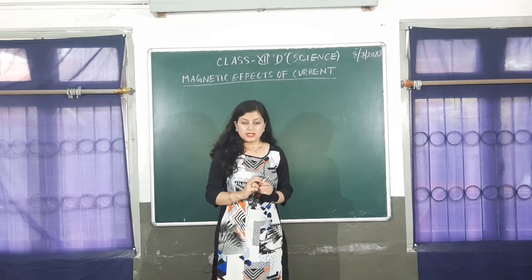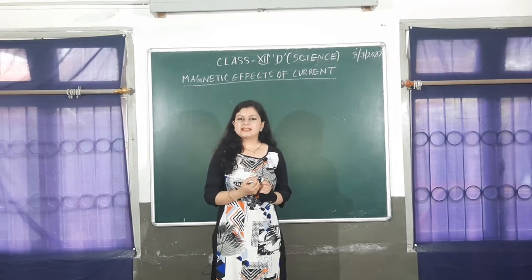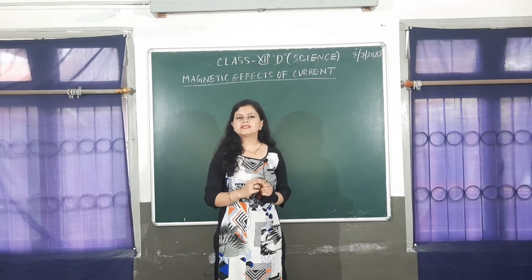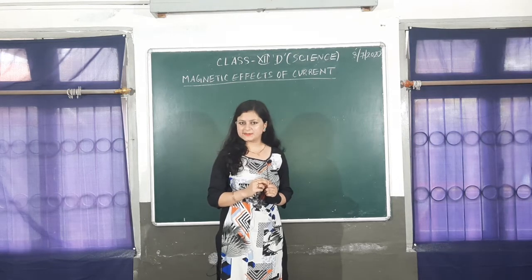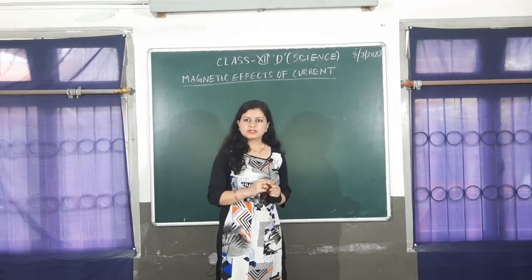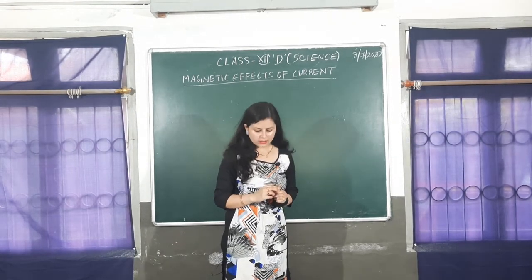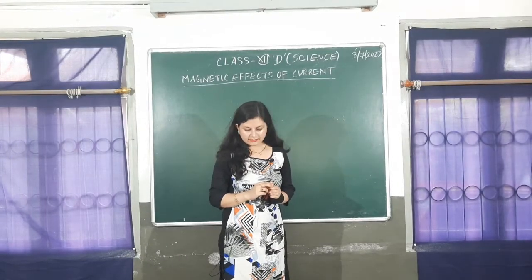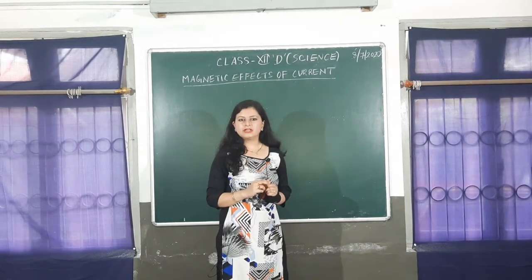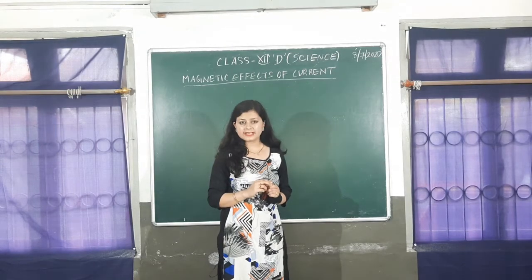Now, if anything has been stated, it has been proved experimentally also, and it was first proved by the scientist Oersted, and the experiment is very commonly known as Oersted's experiment.